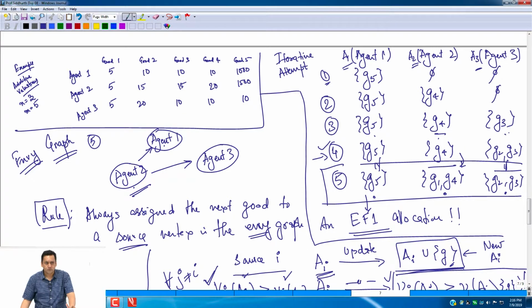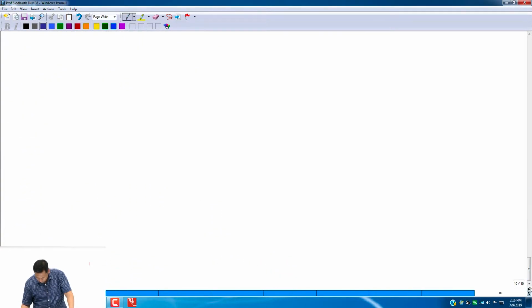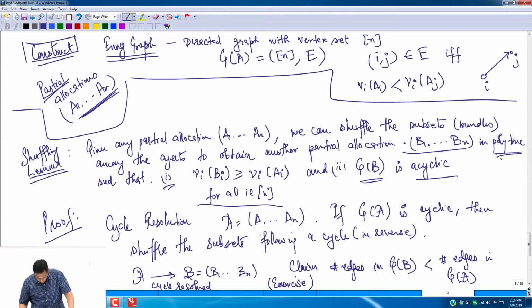Okay, so how does acyclicity help me? Before I go to acyclicity, I skipped a particular detail, which is that I left this part as an exercise.